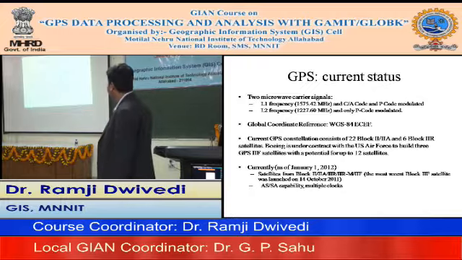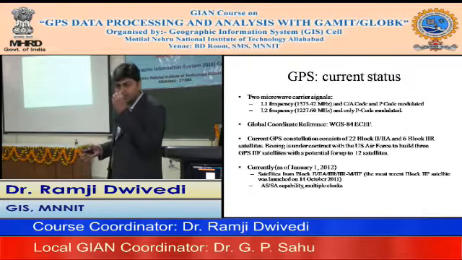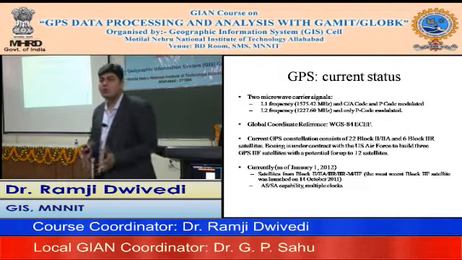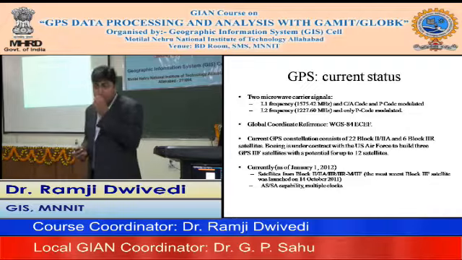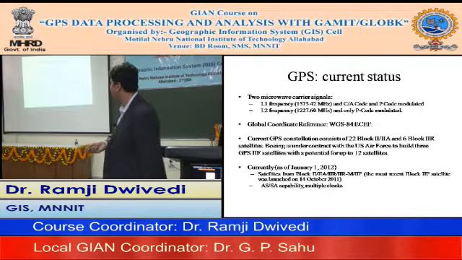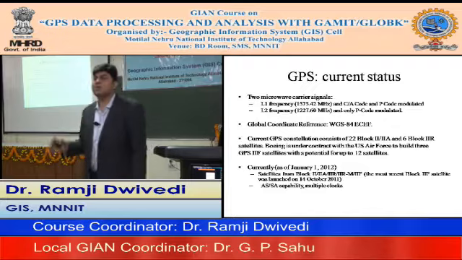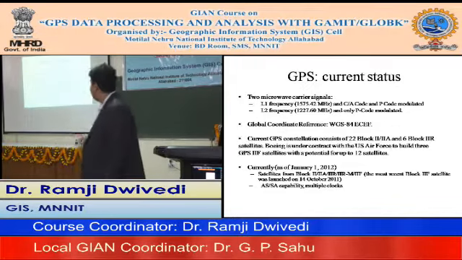P code stands for precise code, unlike the coarse acquisition code, and only the military or authorized users can access it. To make the P code not vulnerable, the control segment, the US Department of Defense, has an anti-spoofing facility which encrypts the P code and turns it into the Y code.